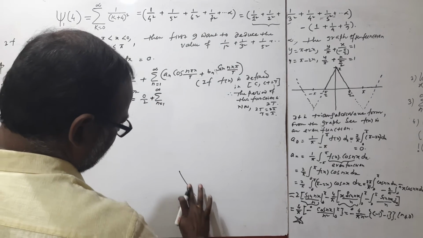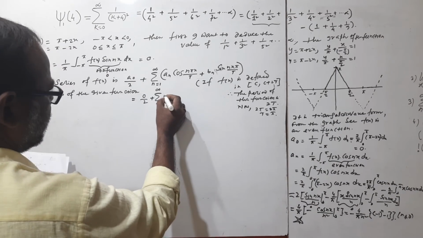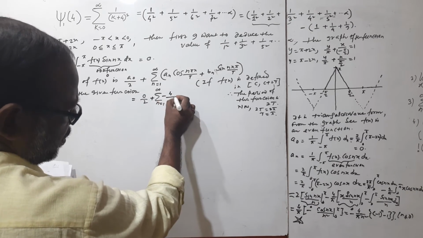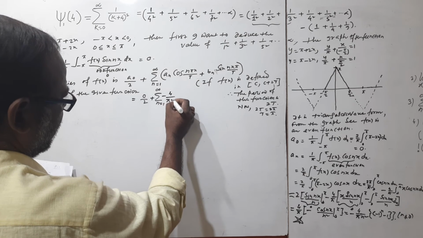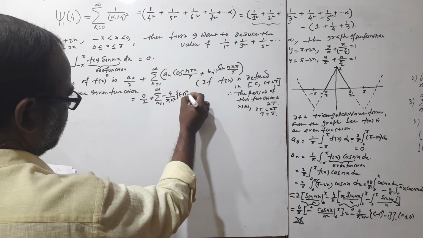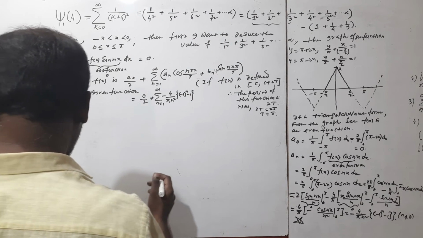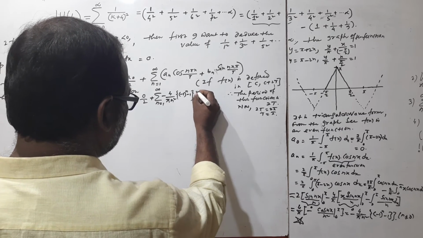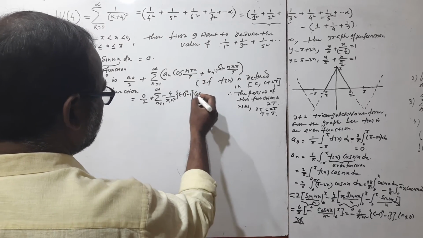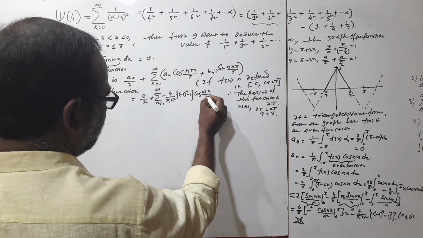The value of an here is minus 4 over pi n square, minus 1 whole to the power n minus 1, into cos n pi x over pi.